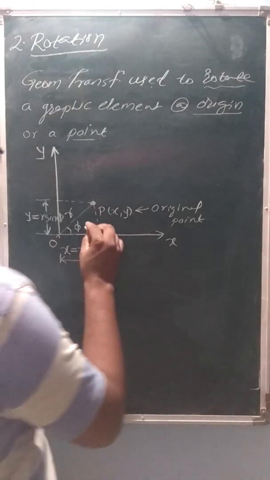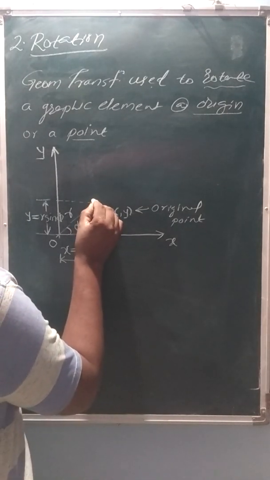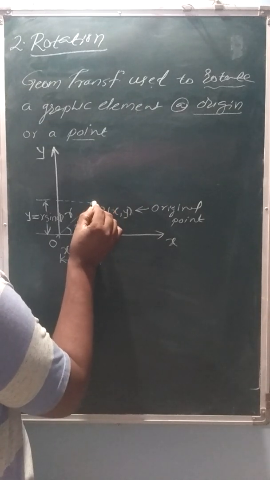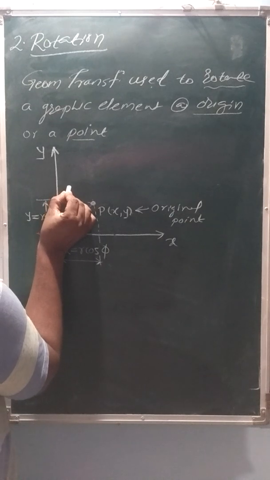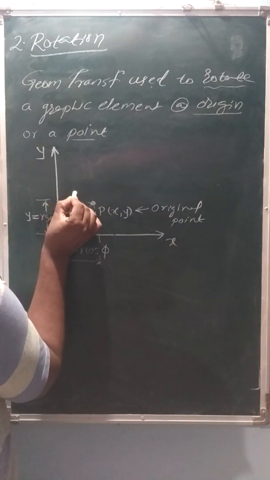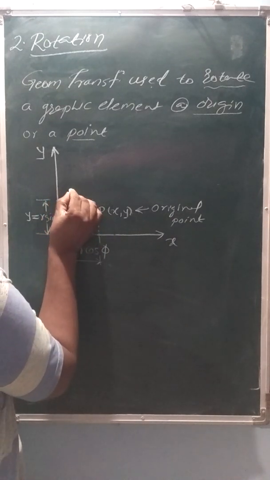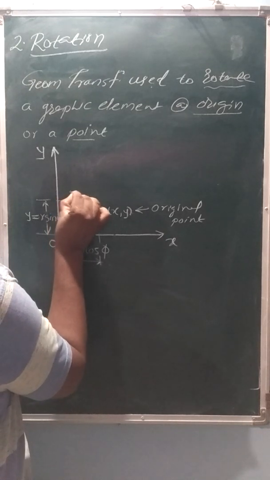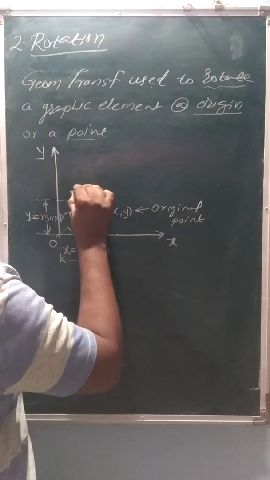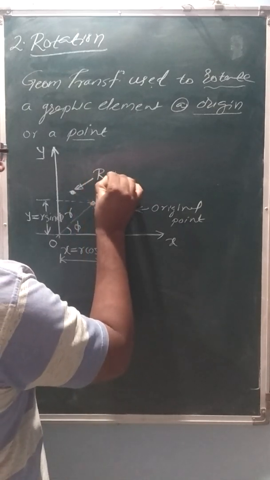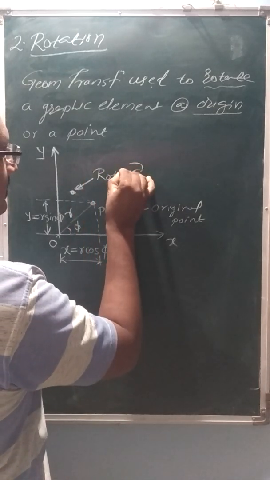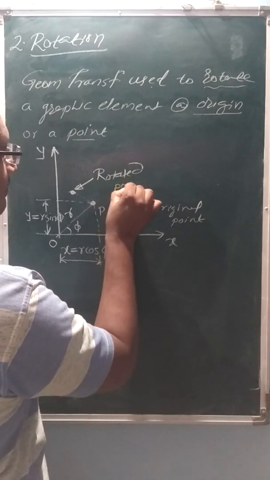Suppose we rotate this original point from this position to another position at the same distance. Suppose this is the second, rotated position. So we will call it the rotated point.